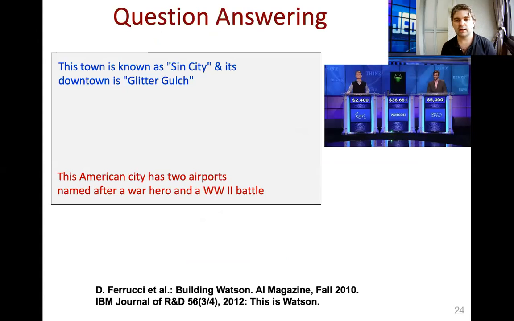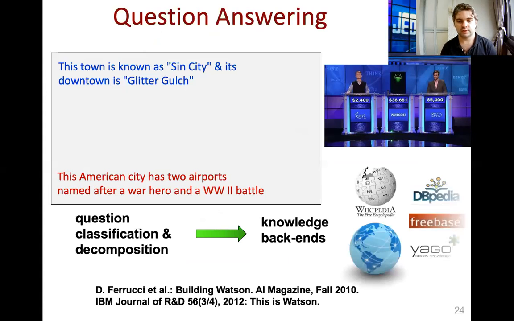So this town is known as Sin City. Its downtown is Glitter Gulch, right? So this is an American city that has two airports named after a war hero and a World War II battle. So question classification is one problem, and then you have a knowledge backend that basically has this database to infer the knowledge, right?